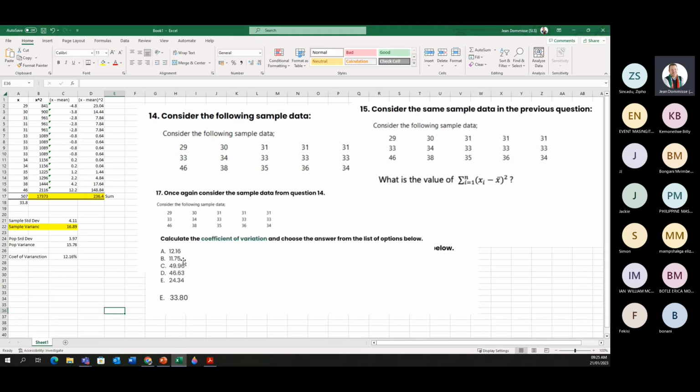So again, I'll send this afterwards. I just want to make it a bit cleaner, but there is your coefficient of variation as well. So depending on what you need, you can use the same data set for all of that.